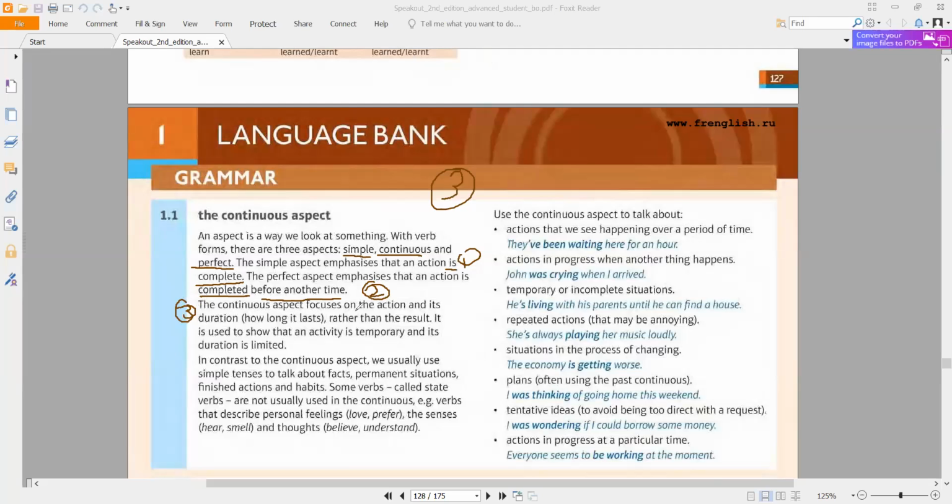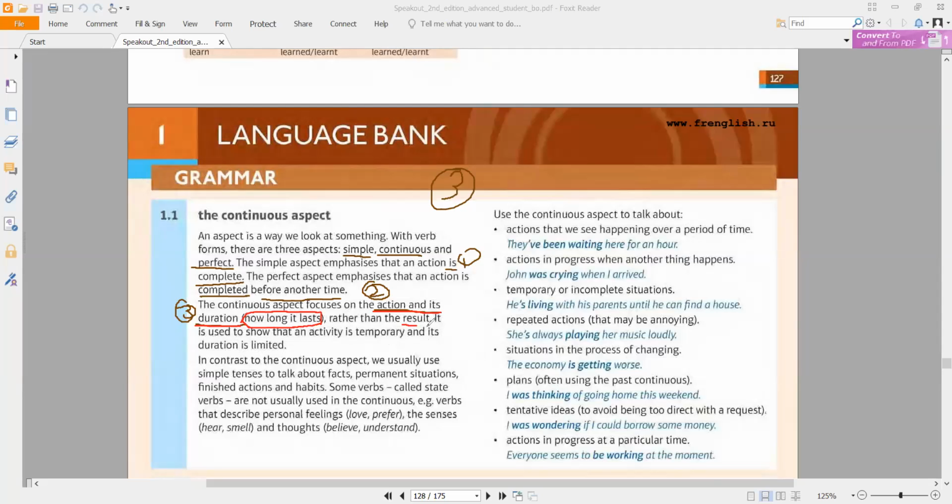The continuous aspect focuses on the action and its duration. So this is our main idea today: the action and its duration, how long it lasts, rather than the result. It is used to show that an activity is temporary and its duration is limited. So yes, this is very important.